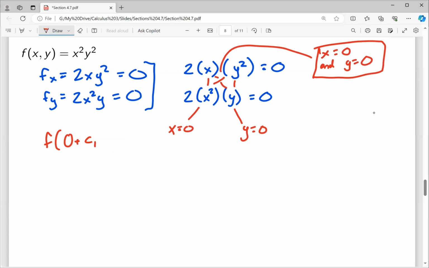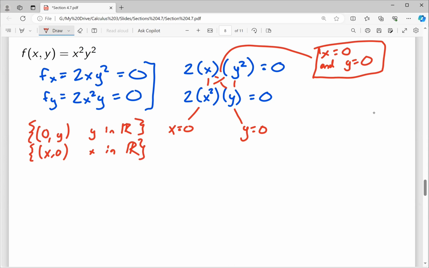Let's just call them c and d so we don't have subscripts. So a typical point of my critical points is something like 0y or x0 or when they're both 0. So this covers looking at these for y in the real numbers, for x in the real numbers. Okay, so my critical points look like one of these sets.